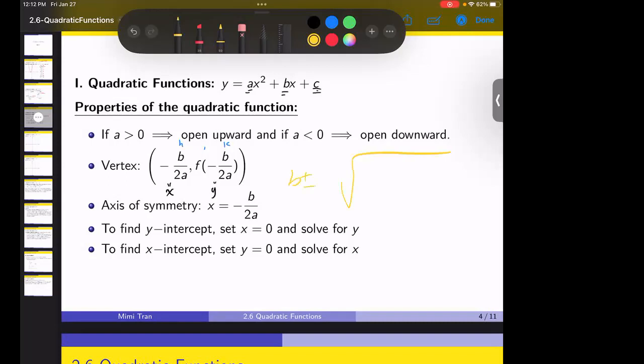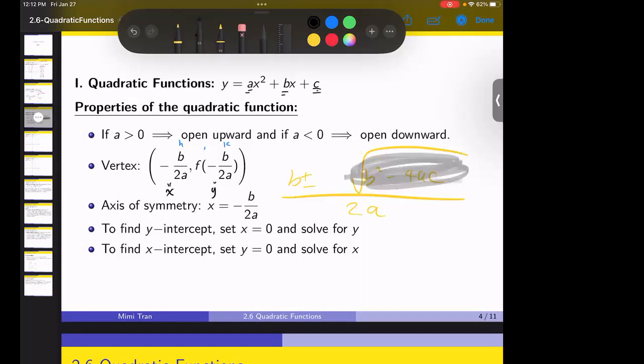Negative b plus or minus the square root of b squared minus 4ac, divided by 2a, right? So when the square root part is 0, here's your h. That's your x. The x component is your vertex.